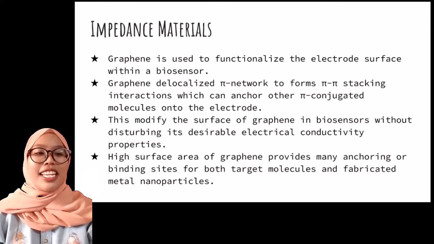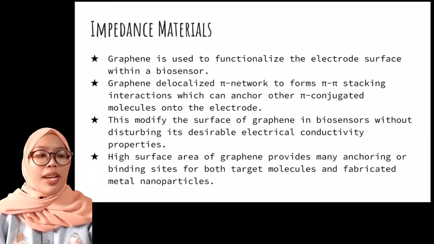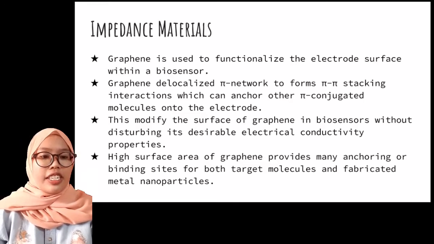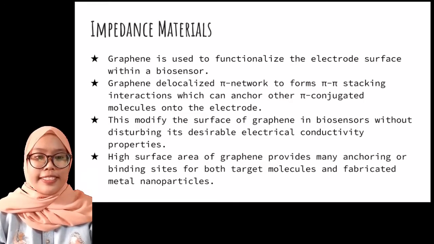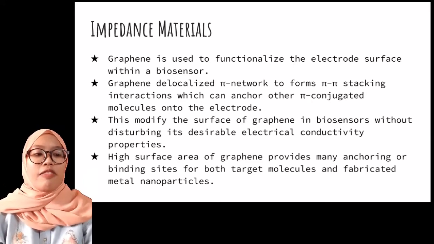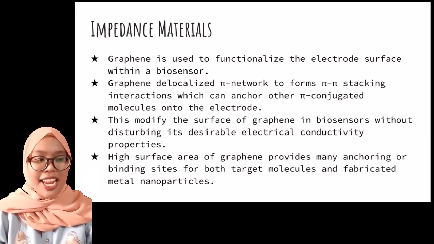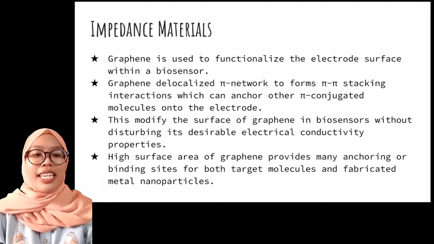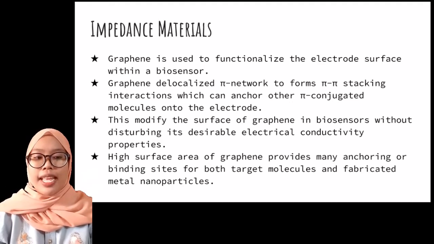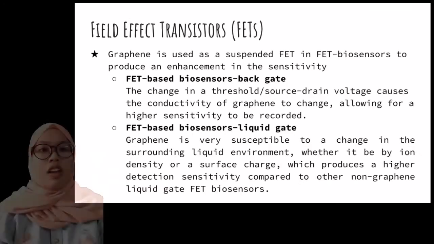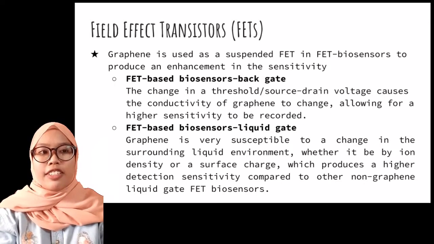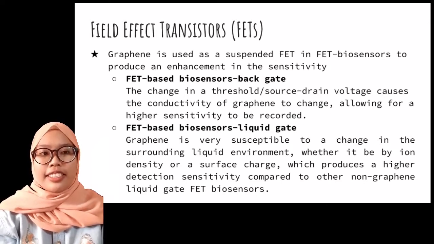This modifies the surface of graphene in a biosensor without disturbing the desirable electrical conductivity properties. Next, the higher surface area of graphene provides many anchoring or binding sites for both target molecules and fabricated metal nanoparticles.